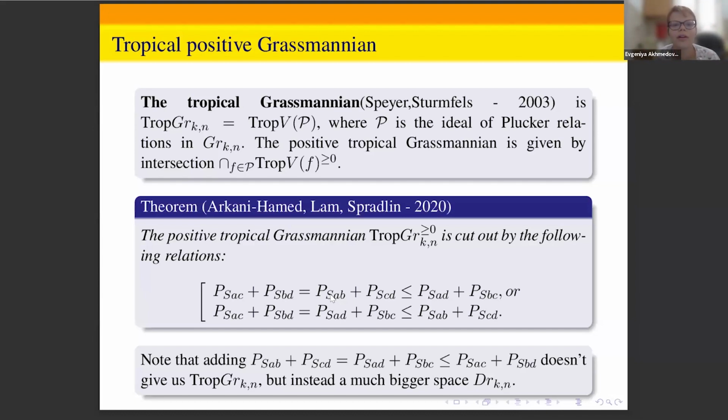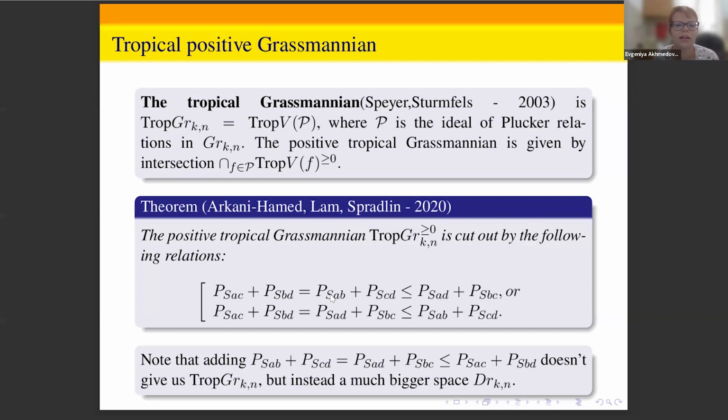So now the tropical Grassmannian, we think about it more in the sense of tropicalizing the Plücker relations. But then again, by the fundamental theorem of tropical geometry, tropicalizing the relations would coincide with taking the valuation of the variety cut out by the same ideal.